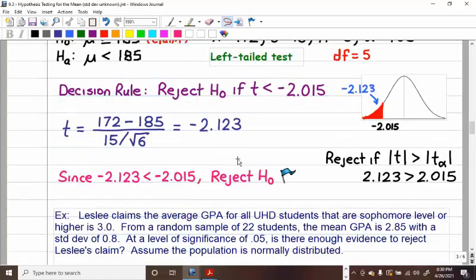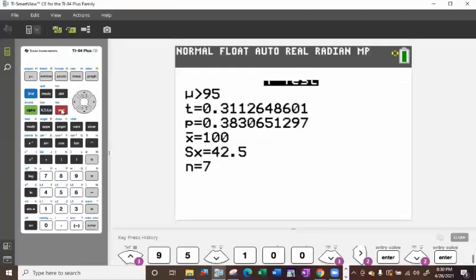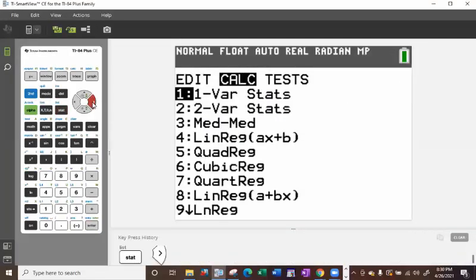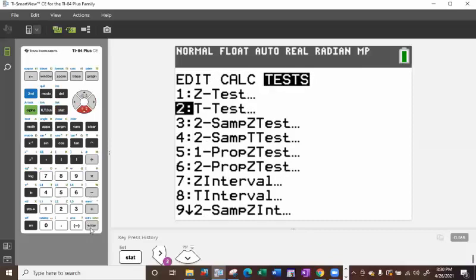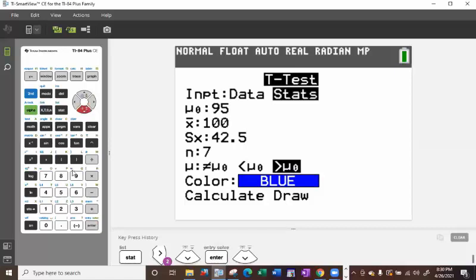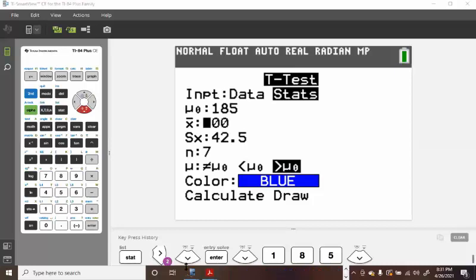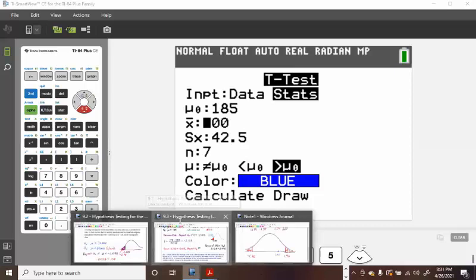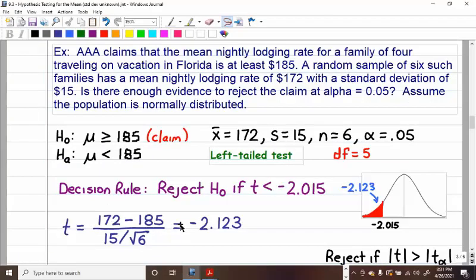Looks like I didn't save it because I knew we didn't need the p-value. T-test: 172, 15, and 6.